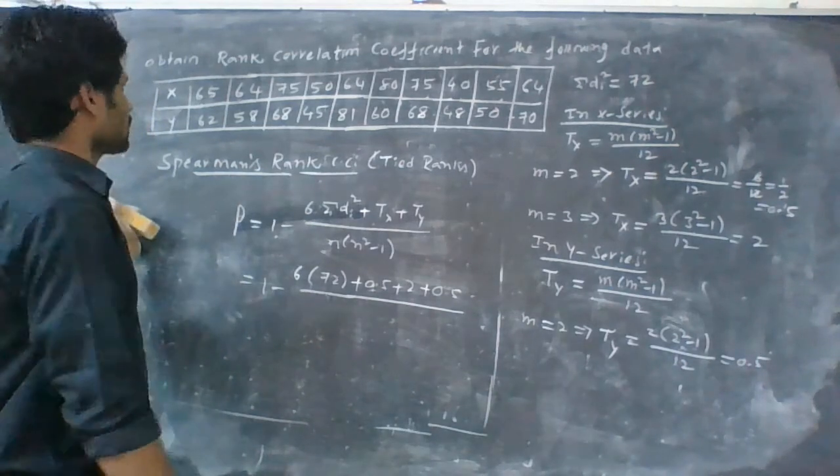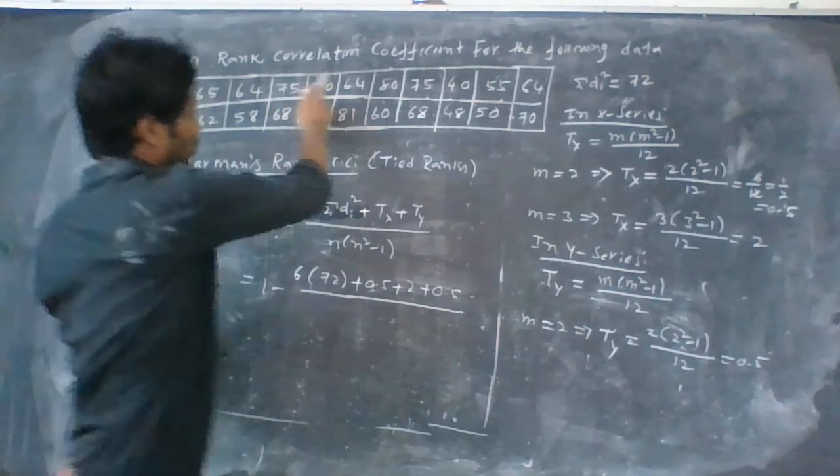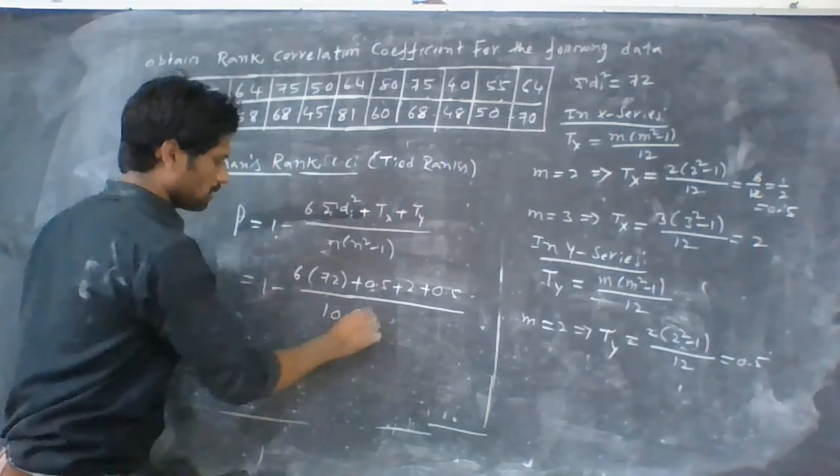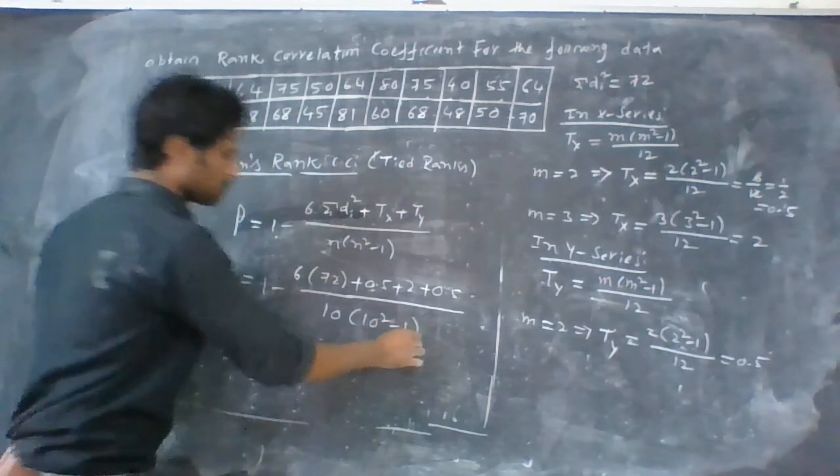Number of observations are 1, 2, 3, 4, 5, 6, 7, 8, 9, 10. So 10 into 10 square minus 1.